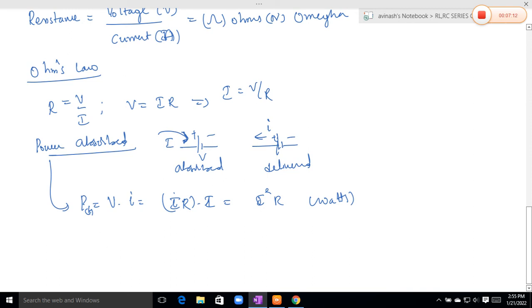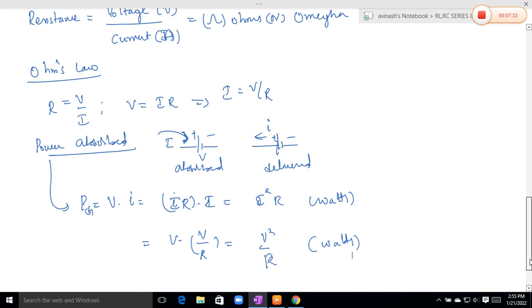In the same way, we can use one more formula. Taking I is equal to V by R, V into I is V square by R. The units will be watts only.